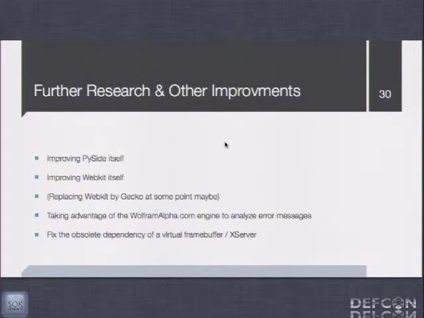So the last and probably most weird thing that has to be fixed is the requirement to have an X server, a virtual frame buffer. I used XVFB. There's a requirement to have such a project installed to actually run the scanner that I'm going to release, because WebKit wants to render the website, even if we don't want to see it, except when we want to have a screenshot.